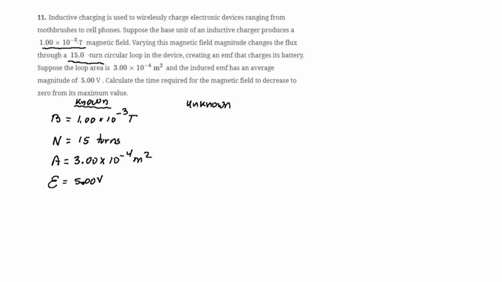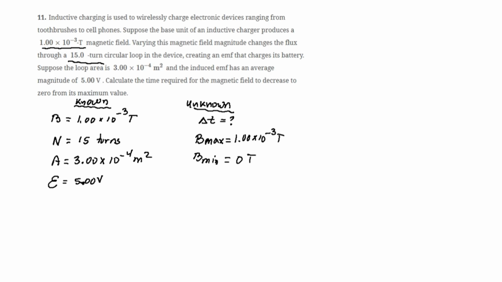They ask you to calculate the time, delta t, that requires the field to decrease to 0 from its maximum value. So the maximum value is 1.00 times 10 to the negative 3 Tesla, and the minimum value would be 0 Tesla, right?